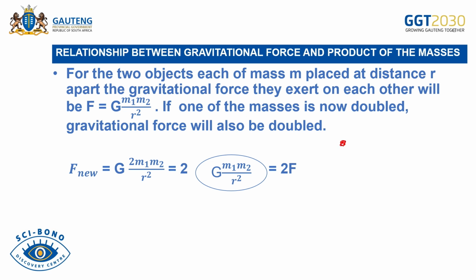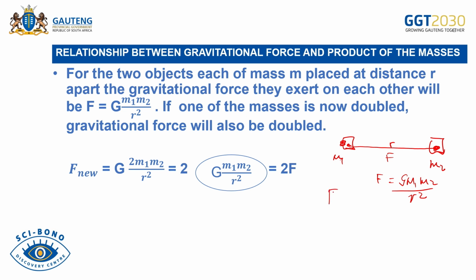So you can prove that. You are having M1 and M2. The distance between their centers is R, and the force they exert on each other is F. In other words, F here will be G M1 M2 over R squared. But now, one of the masses is doubled. So how are you going to work with that?